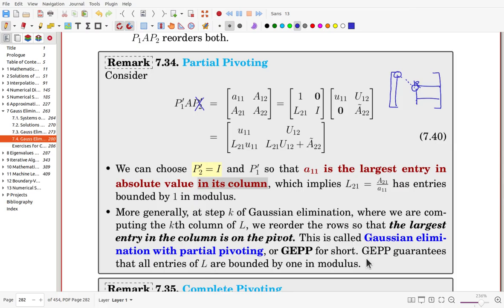This algorithm guarantees that all entries of L are bounded by 1 in modulus, because we interchange the rows in that way. For each column, the largest entry in modulus becomes the pivot value, so that it is really guaranteed, right?